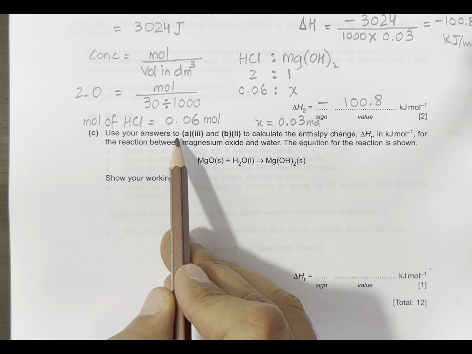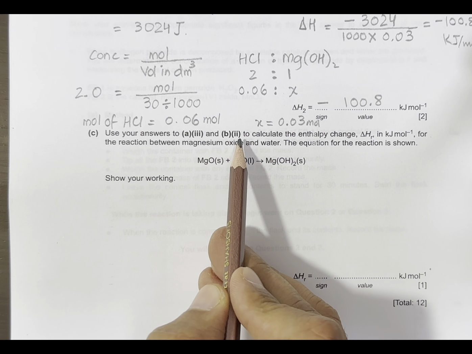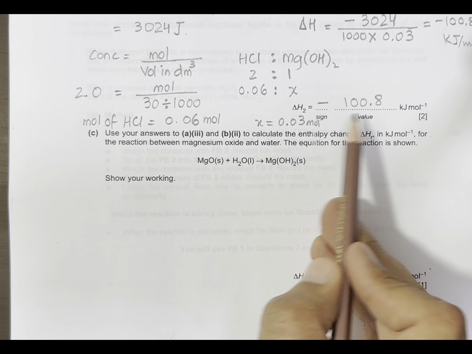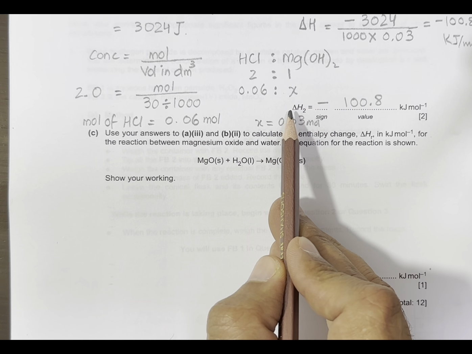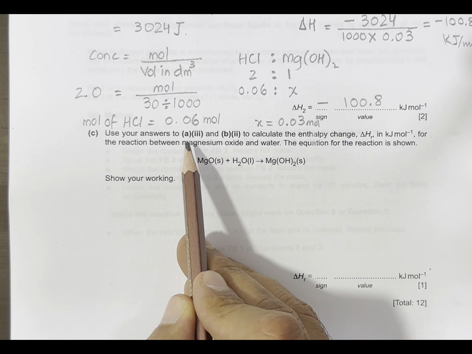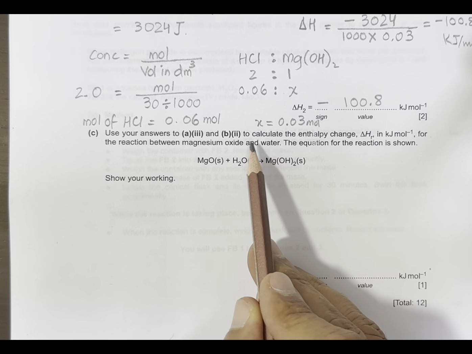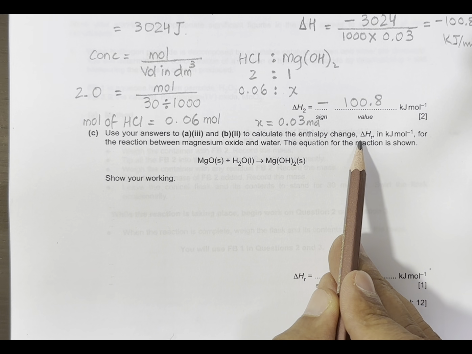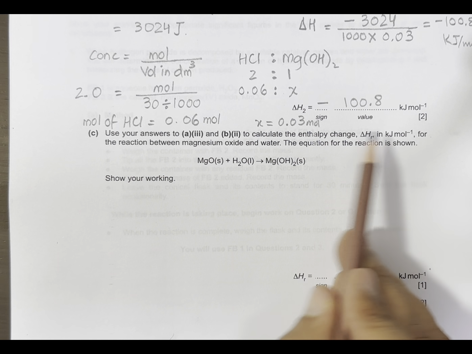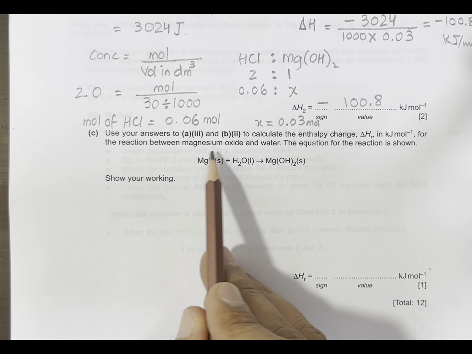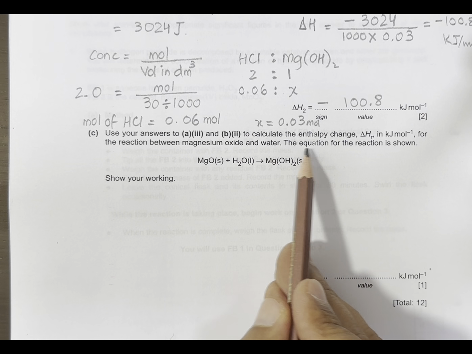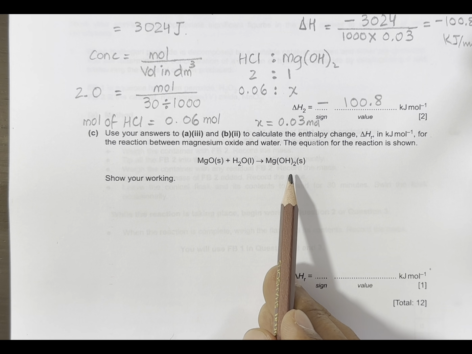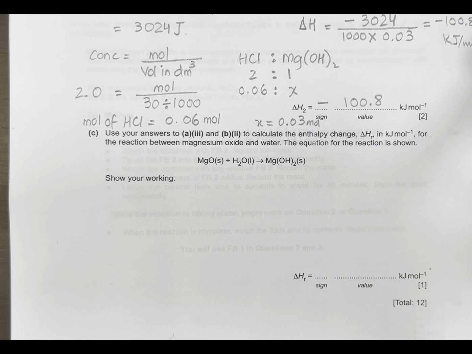Now let's move on to the next part, which says use your answer to A3 and B2. So this was the answer in B2, which was delta H2, and the answer for A3 was delta H1. To calculate the enthalpy change delta HR in kilojoules per mole for the reaction between magnesium oxide and water, whose equation is here, we have to use Hess's law. How will we use this Hess's law?